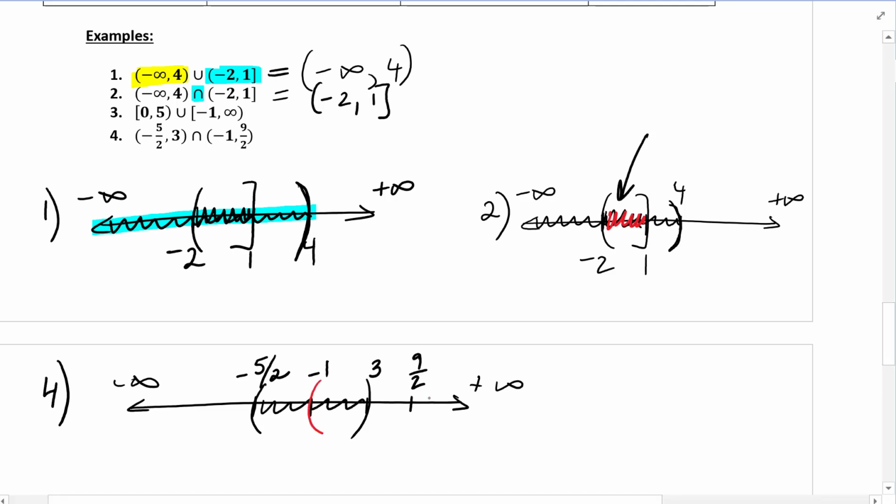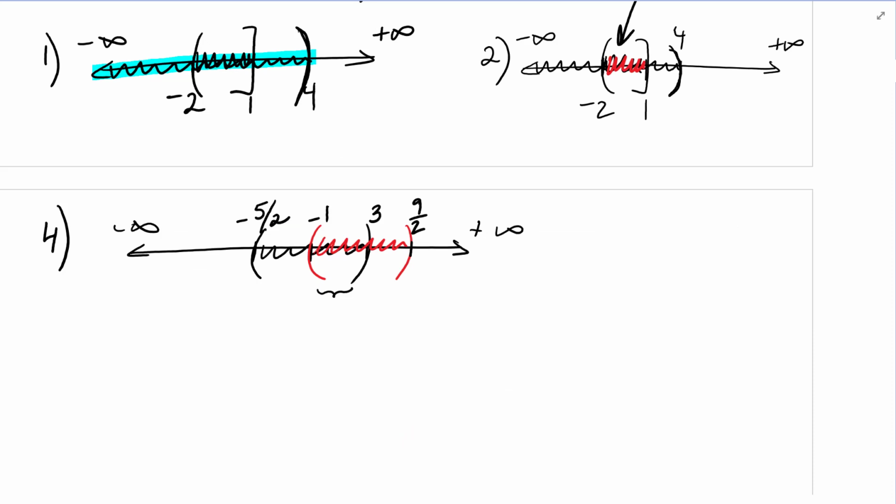Negative 1 and 9 over 2 would be this interval, and because they have parentheses, I'm going to do that too. And the interval is shaded with red. Because I want to find the intersection, I'm going to look for the part where the black and the red overlap, and it would be between these 2 points, which are negative 1, 3, with parentheses. So try and do 3 on your own.